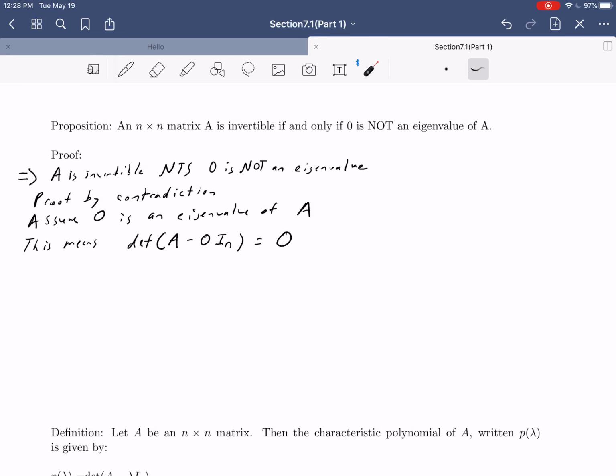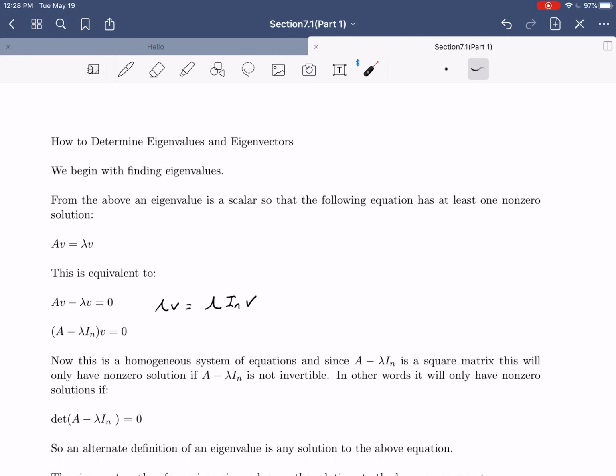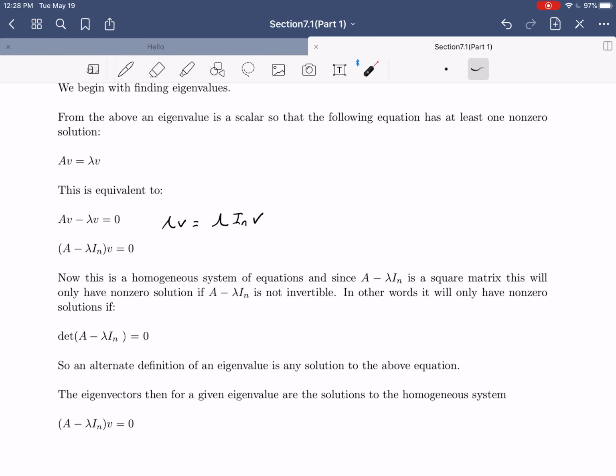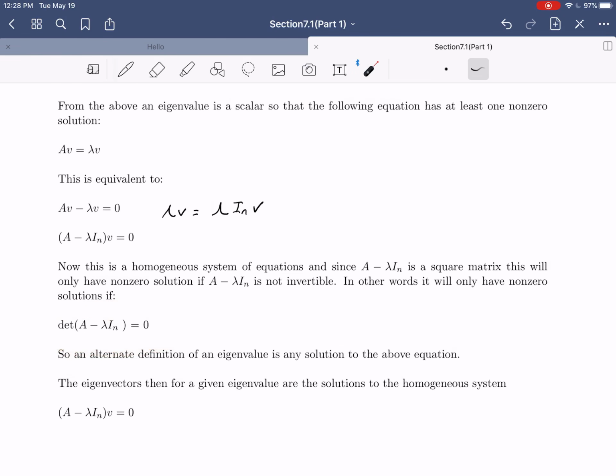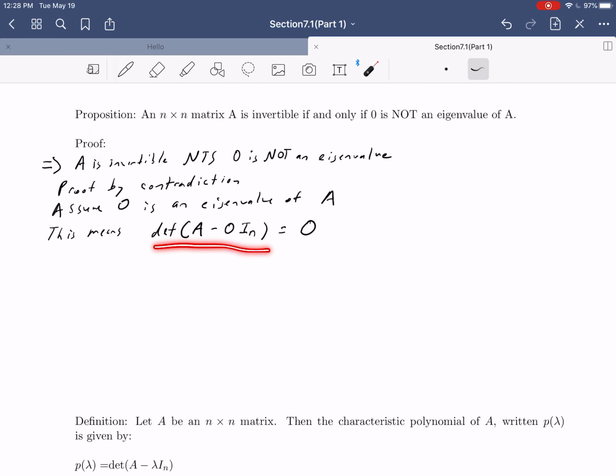The definition of an eigenvalue that we just showed is that the determinant of A minus lambda I_n must be 0. So this means the determinant of A minus 0, since we're assuming 0 is an eigenvalue, must be equal to 0. But if we think about that, that means that the determinant of A equals 0, because 0 times the identity matrix is just going to be the 0 matrix, so subtracting it from A isn't going to change anything.